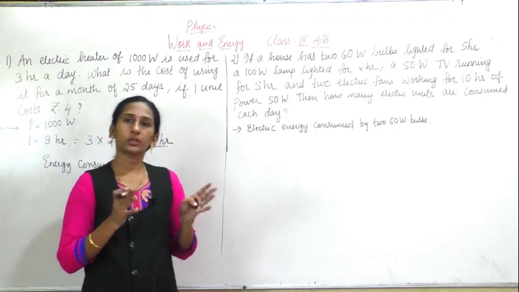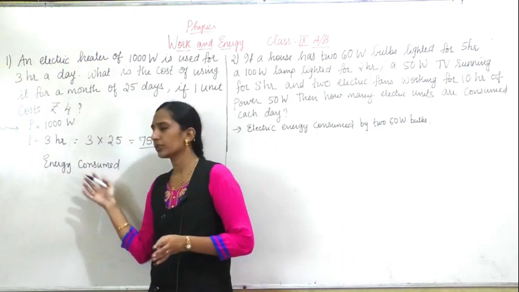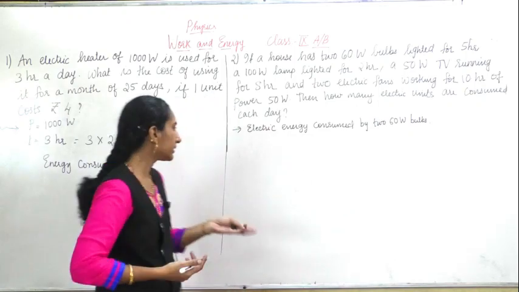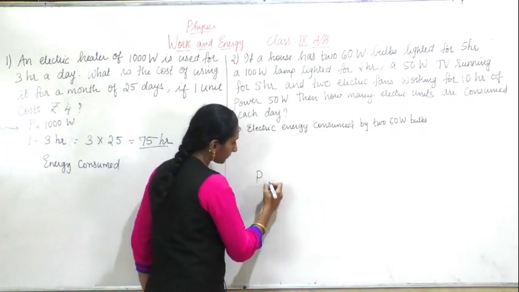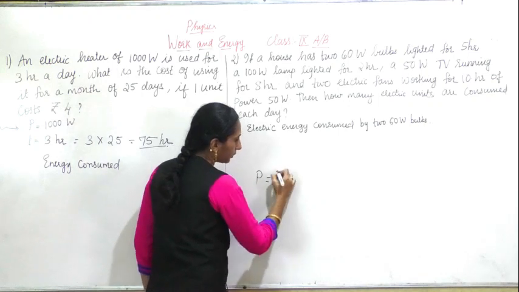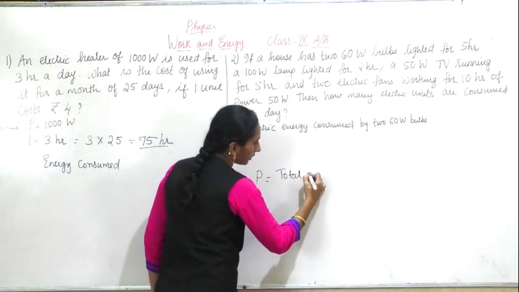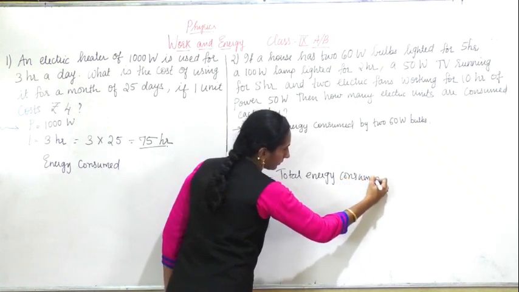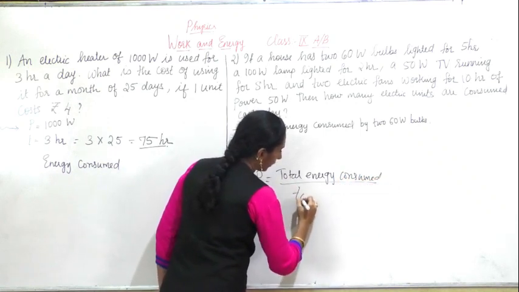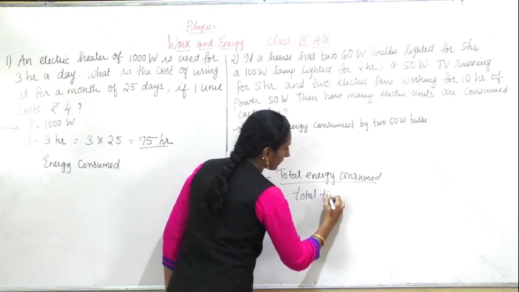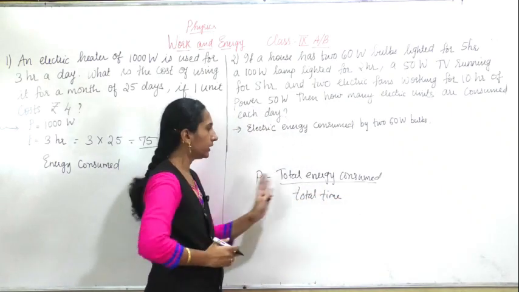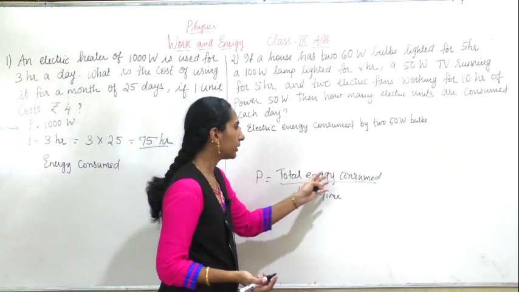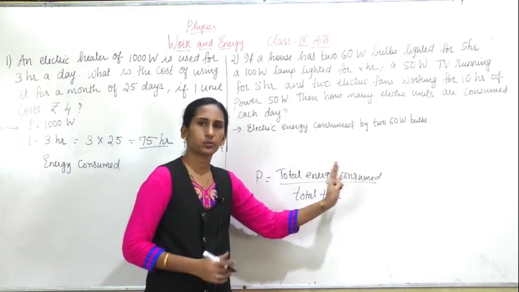The total work done is the same as energy consumed. So total average power equal to total energy consumed divided by total time. Both formulas are the same.